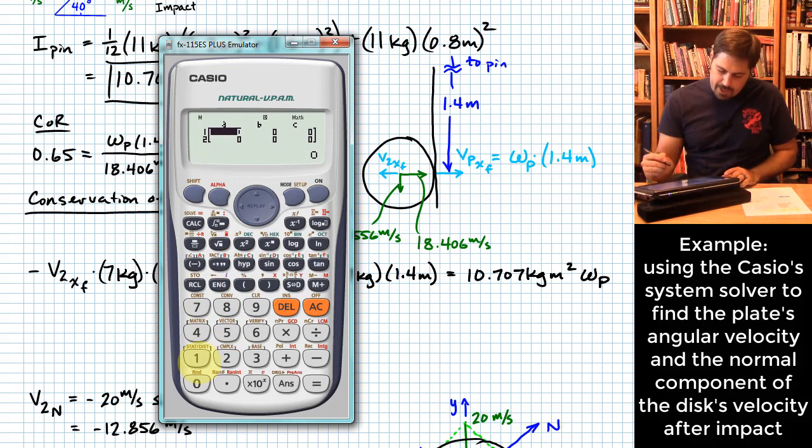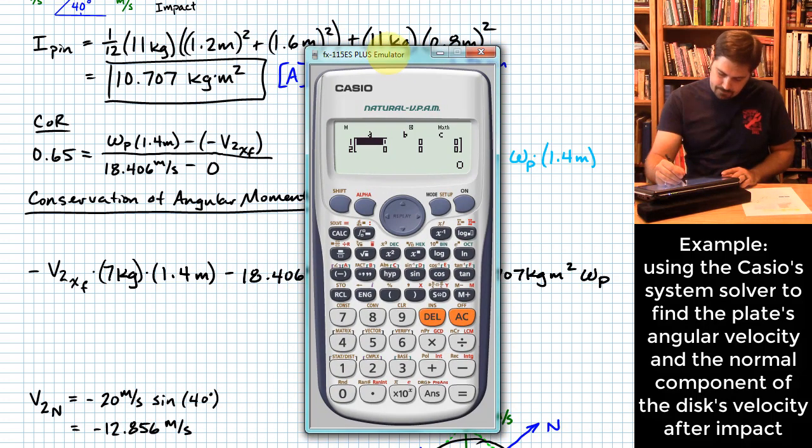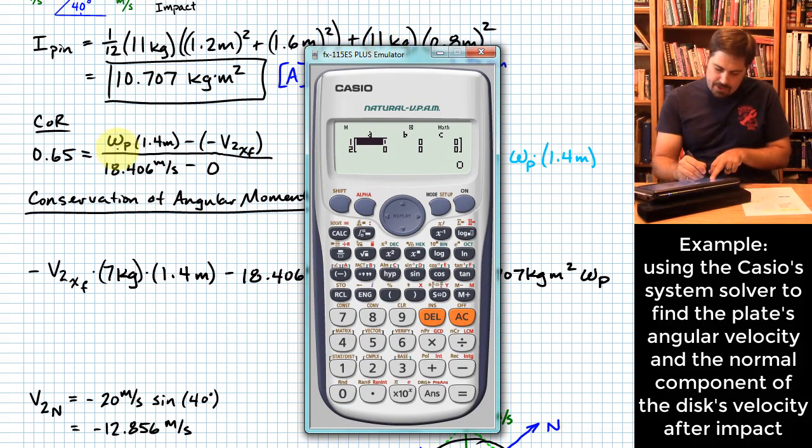We're going to do a 2 by 2. I'll go ahead and use omega p as my first one to enter here, multiplied by 1.4. The next one is my V2xf. It's a double negation there, so I'll just have positive 1.